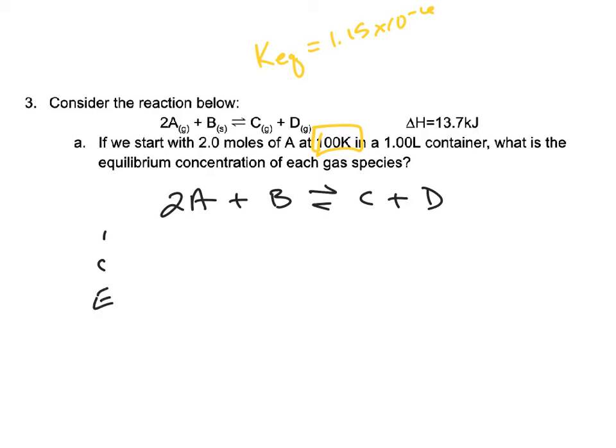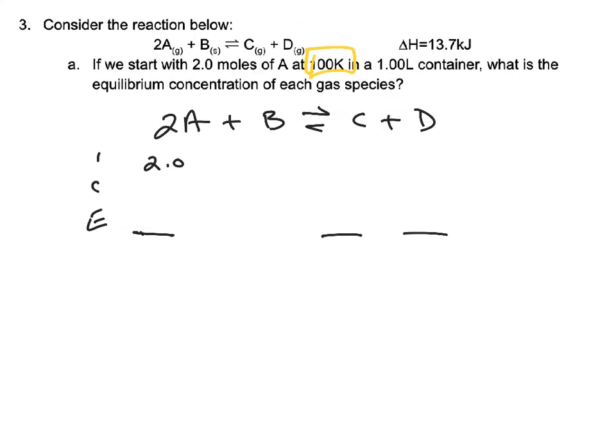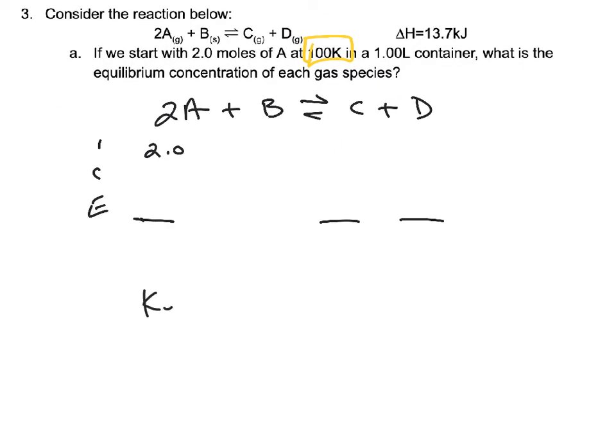And it gives us our initial amounts. So if you start with 2.0 moles of A, the question is, what are the equilibrium concentrations for every gas? So we don't have any final concentrations given in the problem, but we do know that using the KEQ expression, at equilibrium, the products divided by the reactants are true.